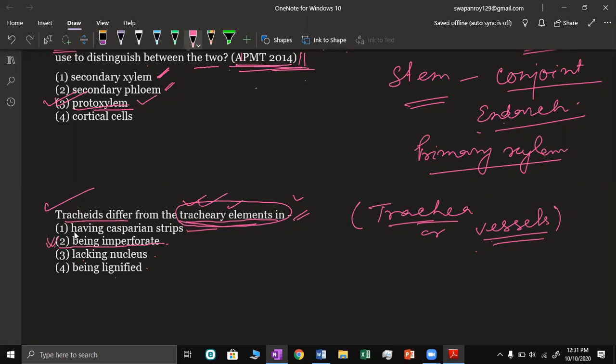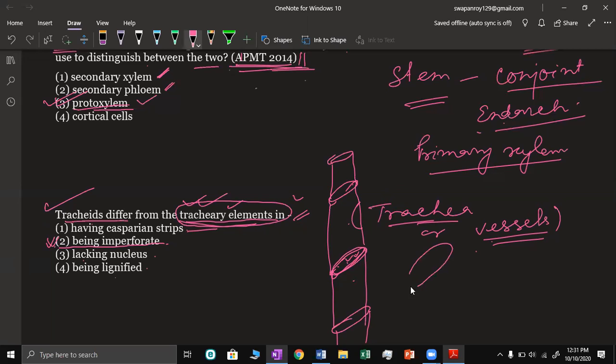Say what actually happened. Vessels are tubes that are produced by joining or placing cells end to end, and their end wall is lost, meaning a big hole is there.